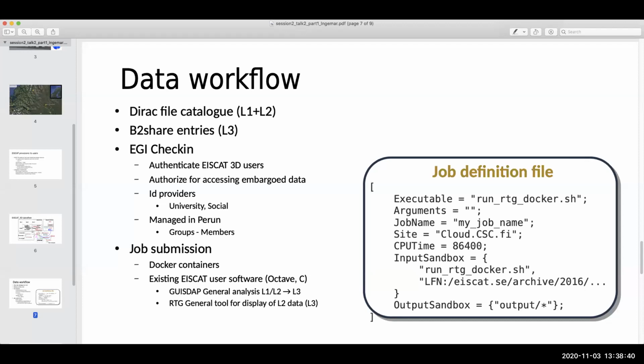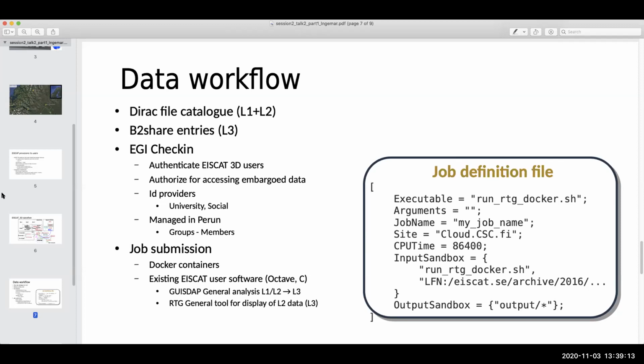We need Check-in for the authentication, to authenticate the users and also to authorize some data that is embargoed. We have some embargo rules for the lower levels of data, because of how the funding is done. Each country will have their data for a certain amount of time.